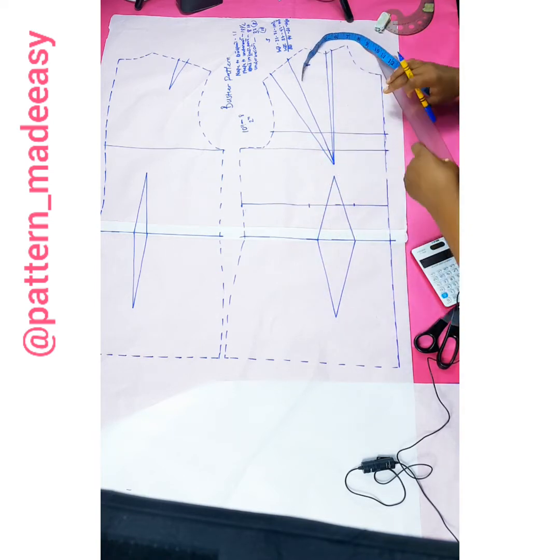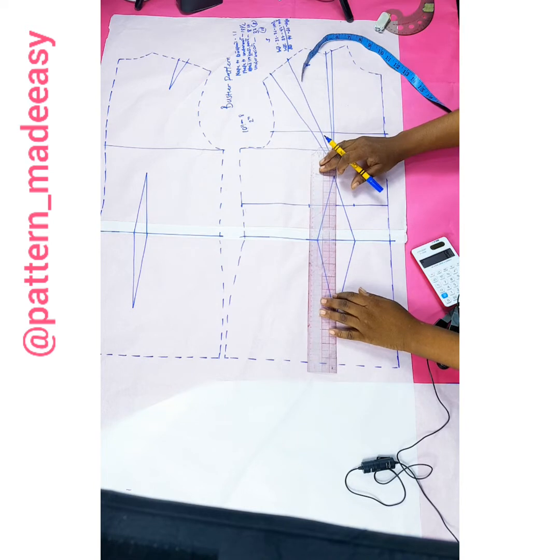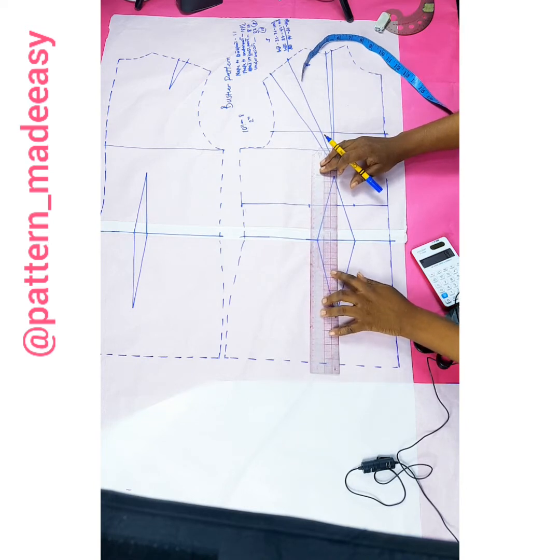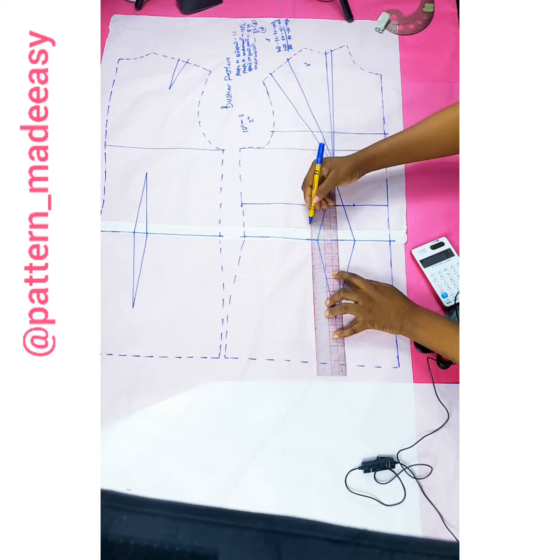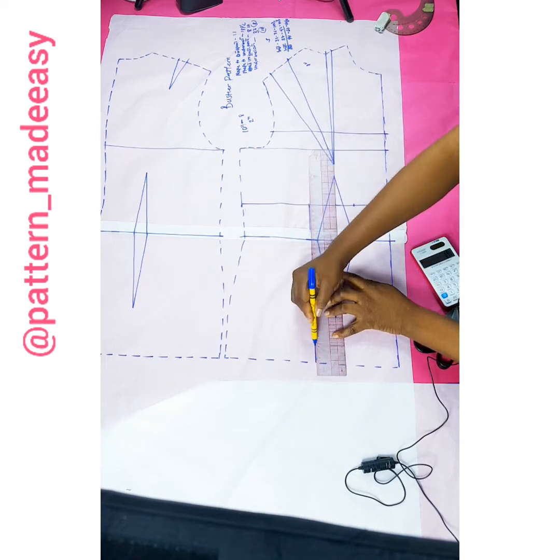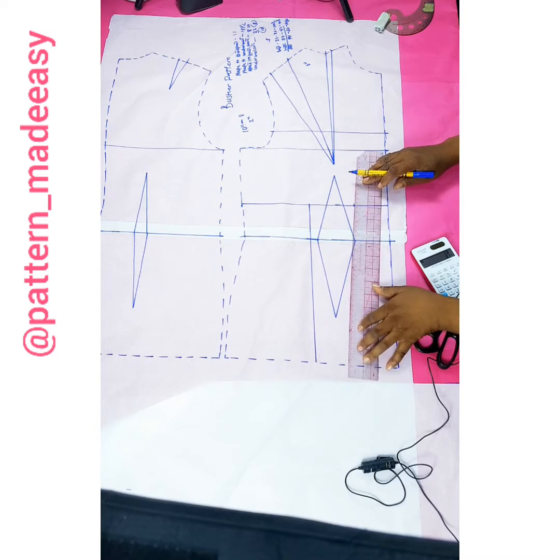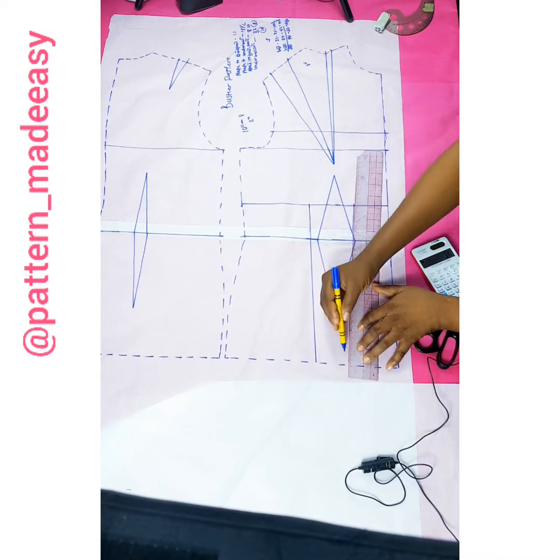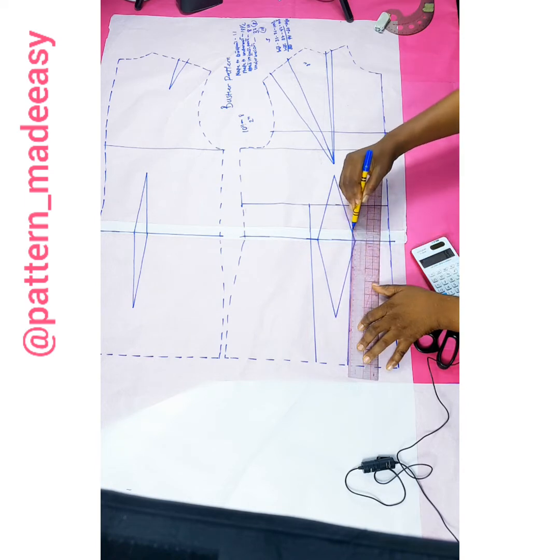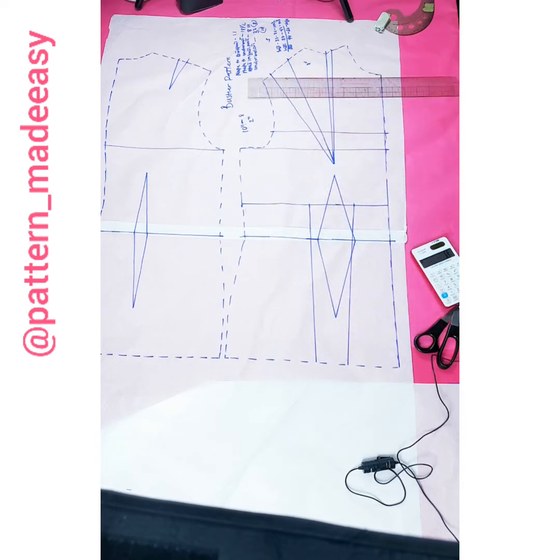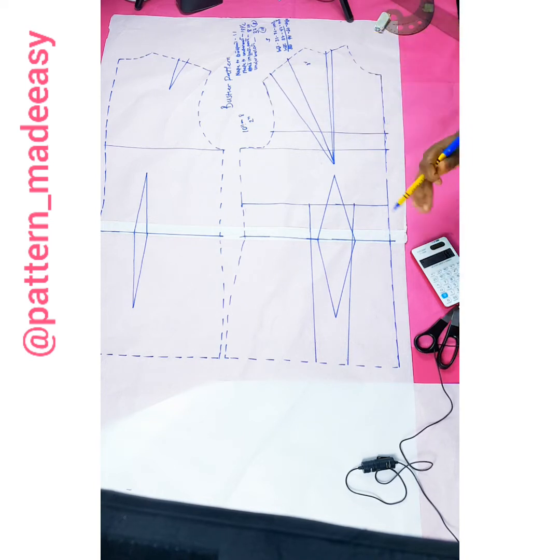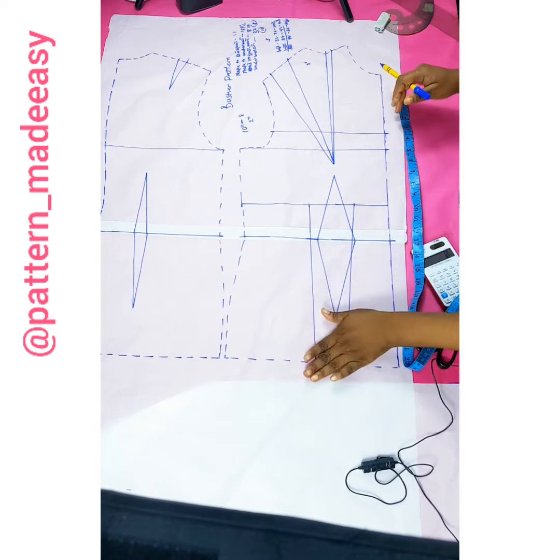So the first thing is I'll be elongating it. I'll just elongate it to the down part this way. I'll also elongate this over here. And then we don't want our bustier bodice to be too long to the hip line.